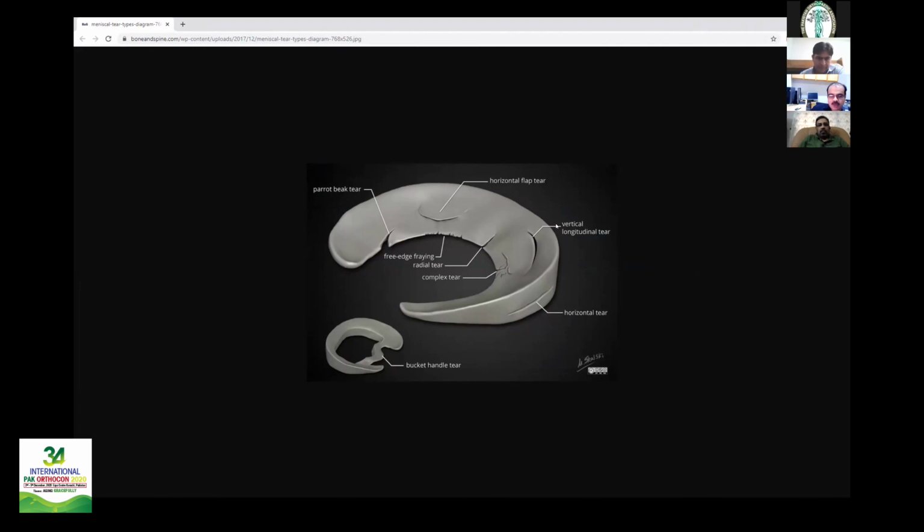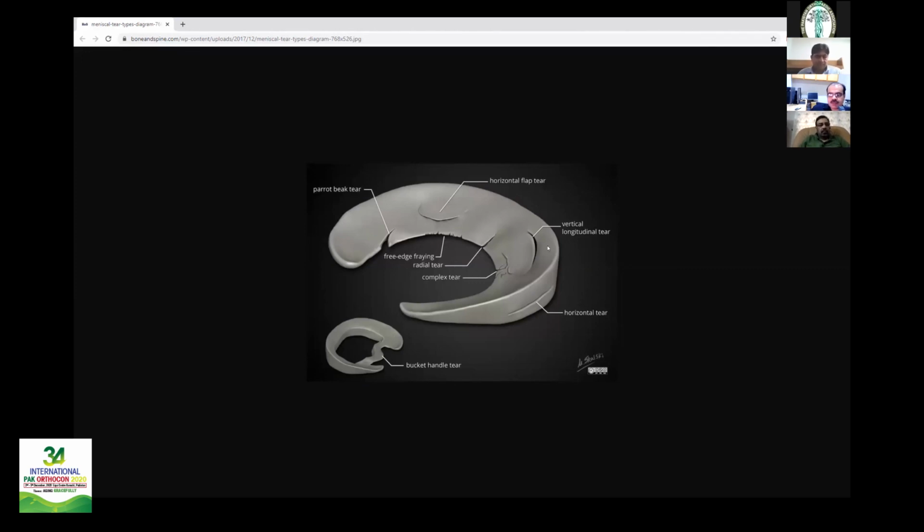Rather, it's a vertical longitudinal tear, which is splitting the meniscus from the center into two parts, where one part of the meniscus is going to flip and come into the intercondylar region, whereas the radial tear is more like in this direction, crossing and splitting the meniscus in an anterior-posterior dimension rather than in this longitudinal direction. So that's the main difference from the bucket handle tear.